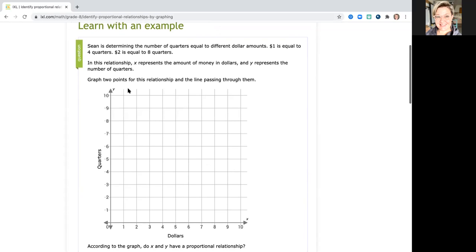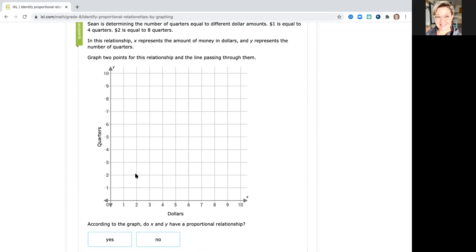In this relationship, X, which is the bottom line here, represents the amount of money in dollars, and Y, this vertical line here, represents the number of quarters in that dollar. It says graph 2 points for this relationship and the line passing through them.